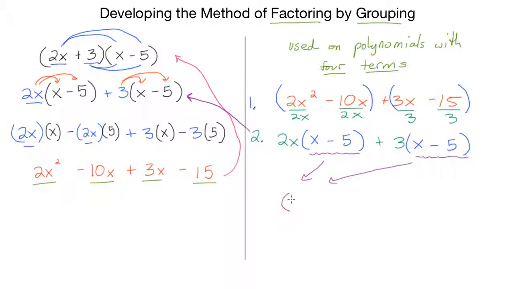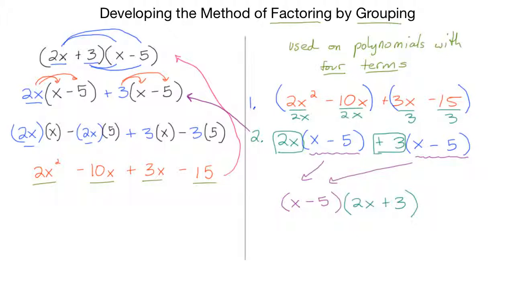So let's factor that out. And what do I have left? I have the 2x right here. I factored out the x minus 5, so that's no longer there. But I still have the plus 3 right here. So we got 2x plus 3.